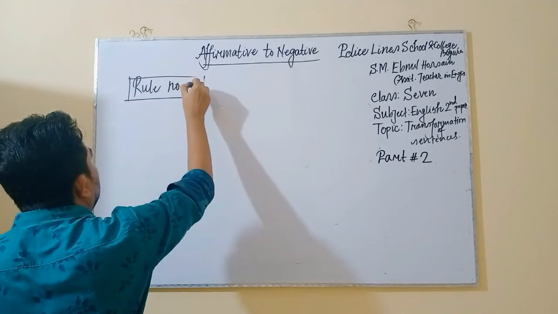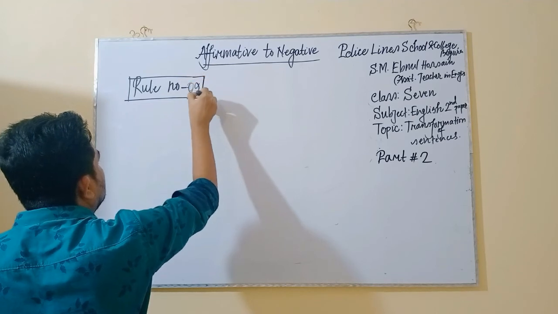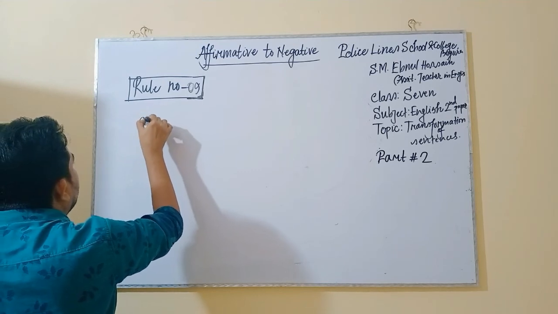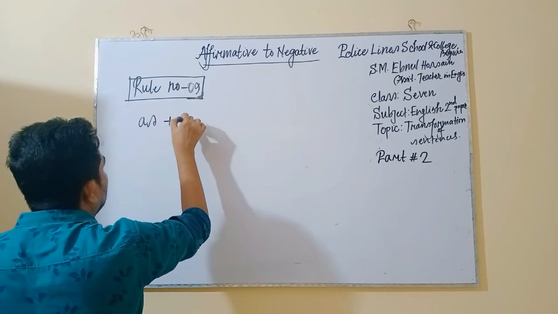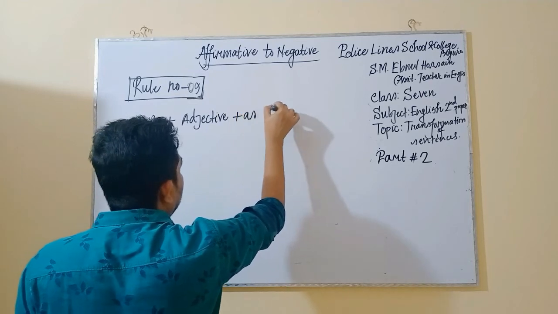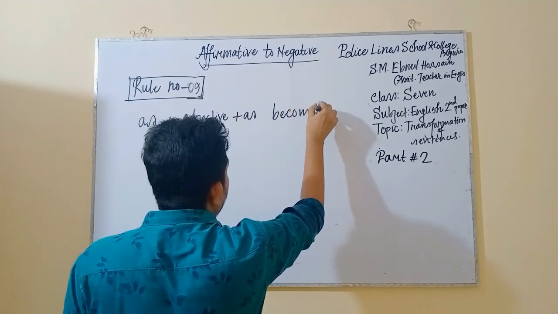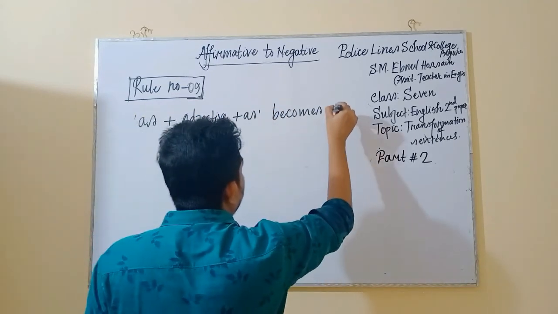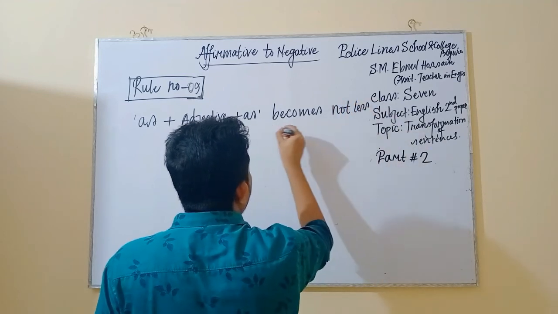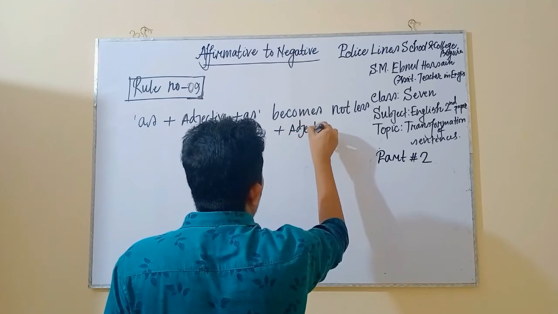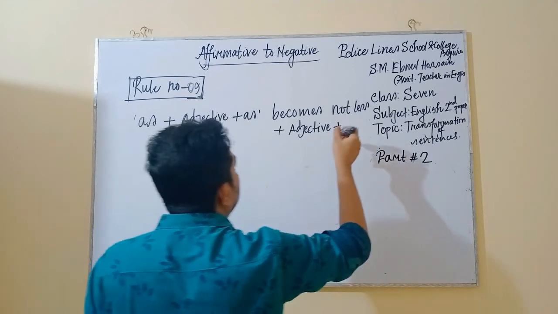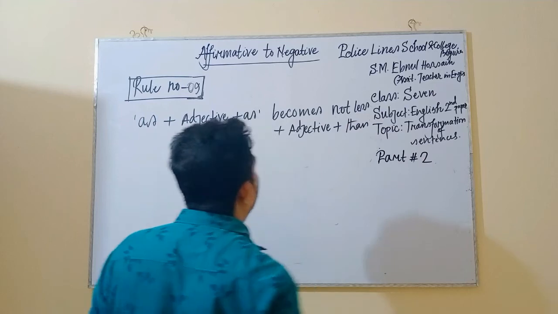This is rule number 9: "as... adjective... as" becomes "not less... adjective... than".